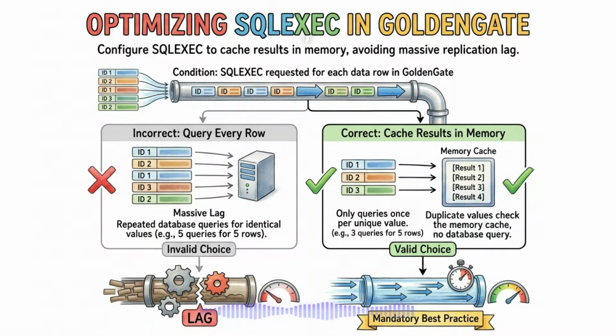To solve this, you use data mapping, which is the process of explicitly linking a source table to a completely different target table. You configure this routing using the map statement inside the Replicat parameter file, ensuring the incoming data lands safely in its new home.